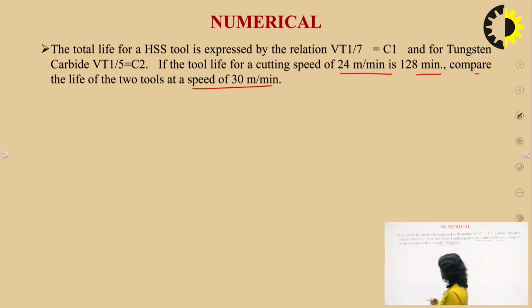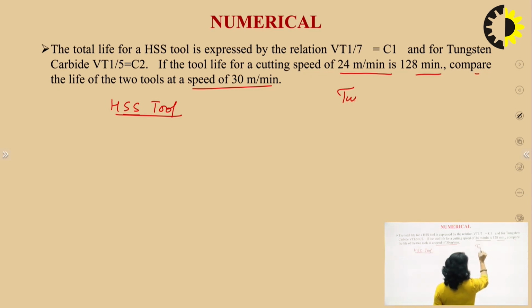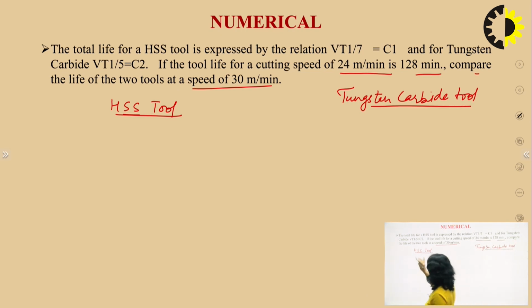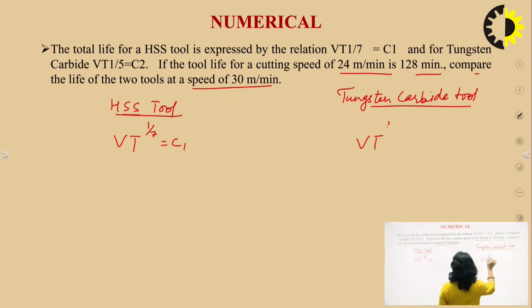Okay, so here, what is given? First, we have the HSS tool, and the second one is the tungsten carbide tool. Two tools are given. For the HSS tool, the relation is V into T to the power 1 by 7 is equal to C1. And for the tungsten carbide tool, V into T to the power 1 by 5 is equal to C2.